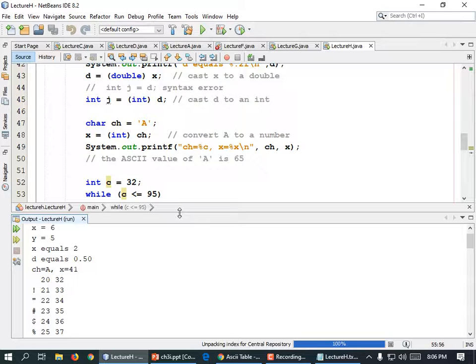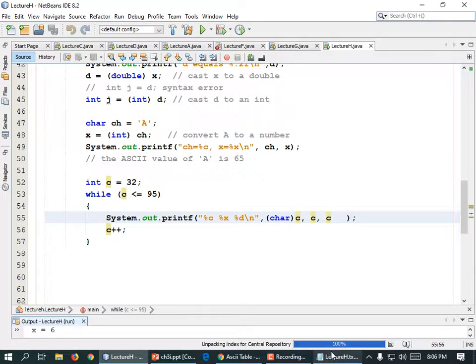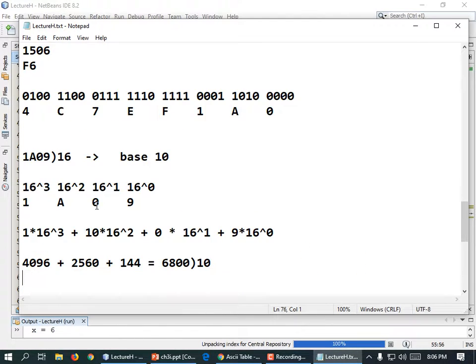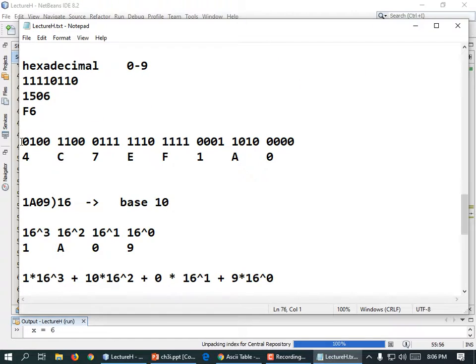So every character is a single byte, because a byte is 8 bits. And so down here, we were doing this. That's 8 bits. It's big enough to hold 2 hexadecimal digits. Another 8 bits, 2 more hexadecimal digits. Another 8 bits, 2 more hexadecimal digits, and another 8 bits. So how many bytes is this? This is 1 byte, 2 bytes, 3 bytes, 4 bytes. 4 bytes can be represented by 8 hexadecimal digits.